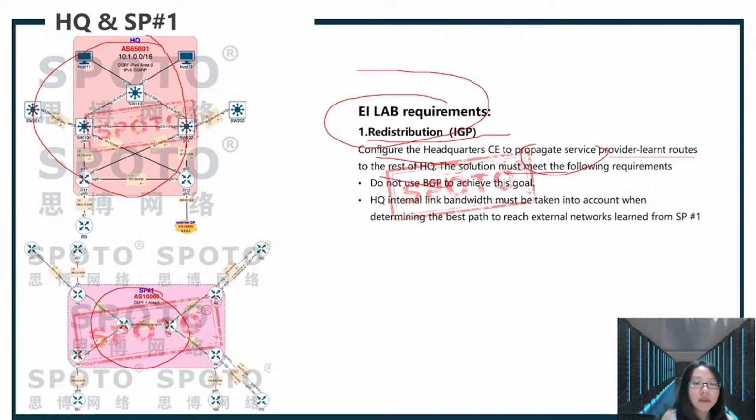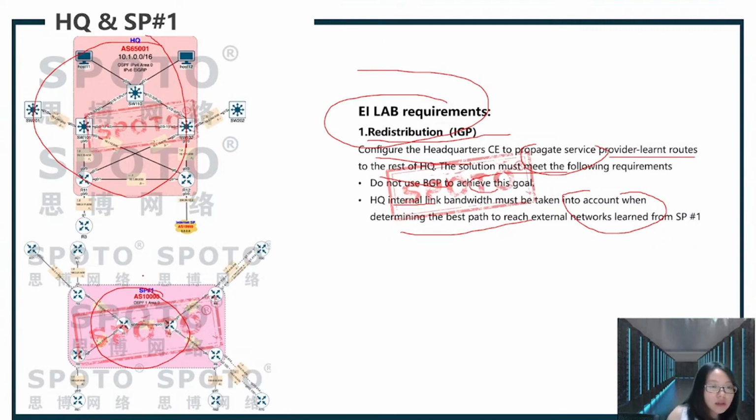The solution must meet the following requirements. Don't use BGP to achieve this goal. HQ internal link bandwidth must be taken into account when determining the best path to reach external network routes from service provider 1.